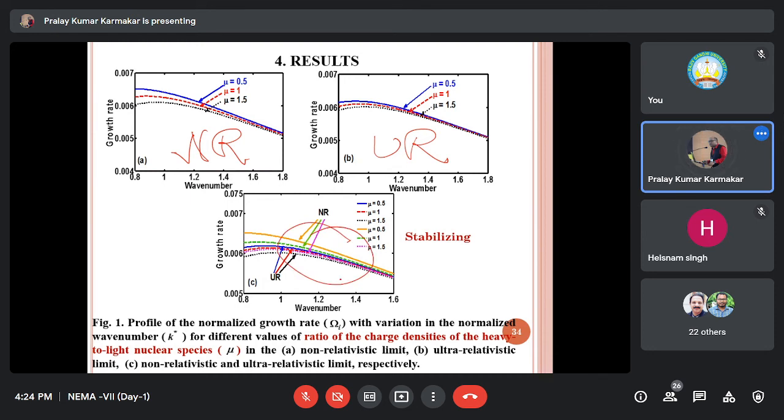What is happening? We can see from here that this kappa varies from this to this, and here you can see that as we go on increasing this mu value, mu being the density ratio, the growth rate just keeps decreasing. It has a decreasing propensity in the low k regime. On the other hand, we are getting similar behavior even in this section.